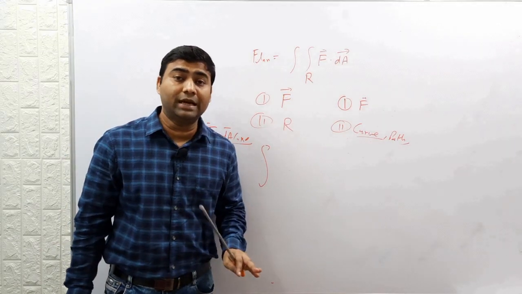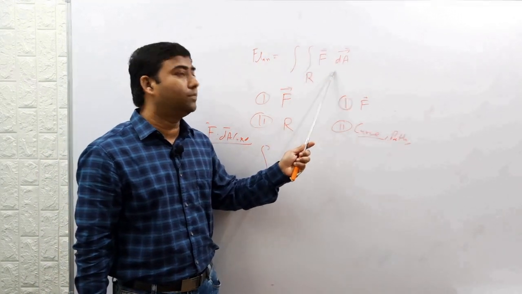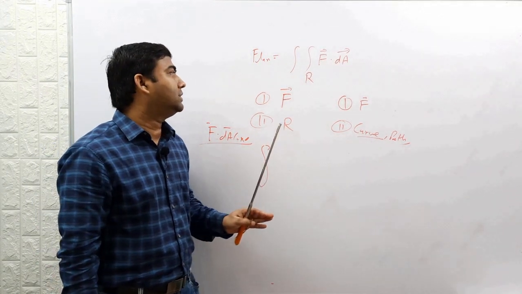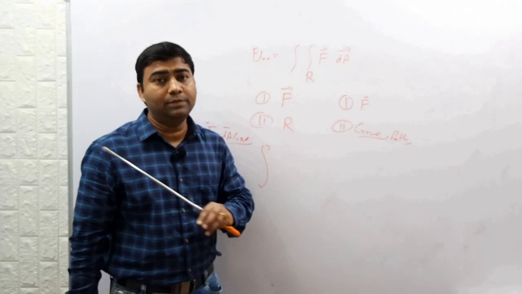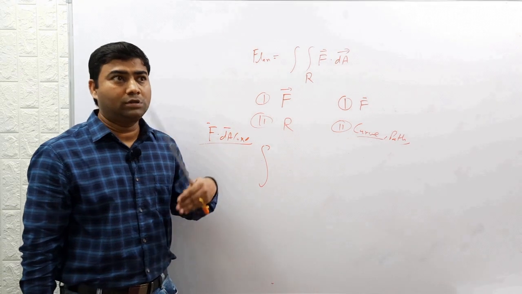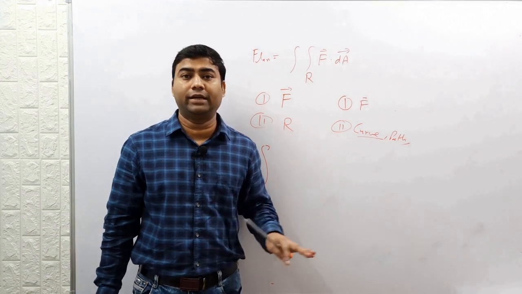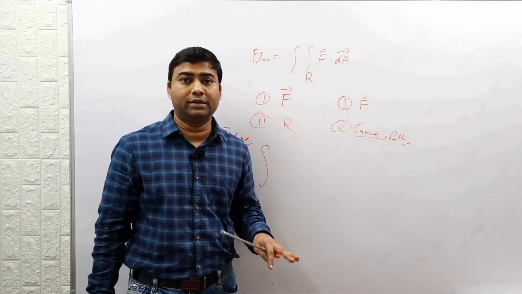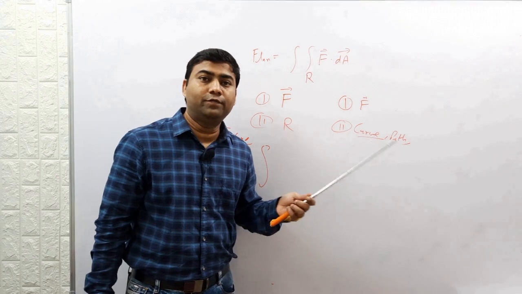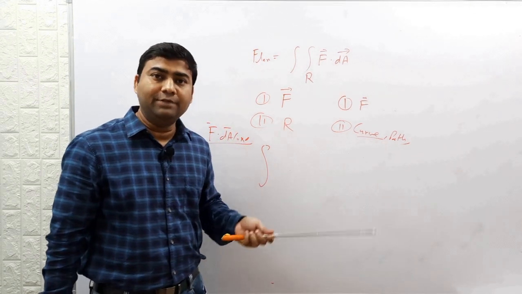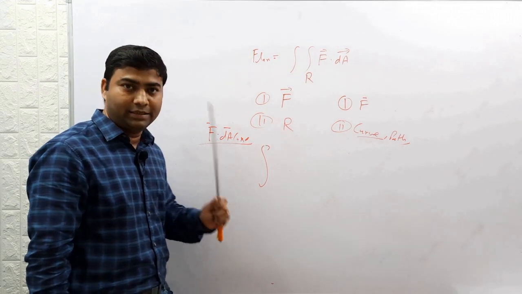When you see surface flux written in this form in vector calculus, you should never misunderstand that this flux can only be found by double integration. That conception is incorrect. Flux is just the dot product of field and area, and it can be found by double integration as well as single integration.